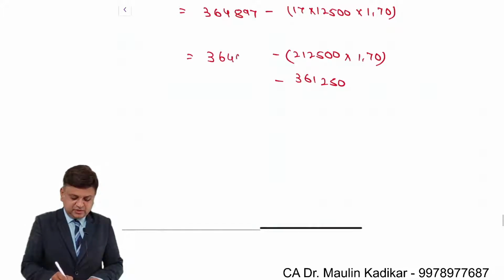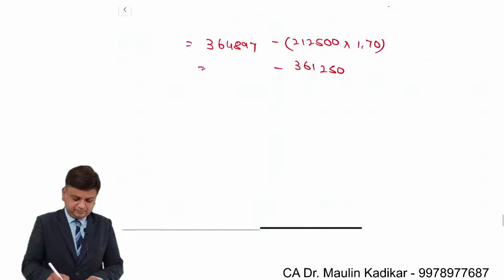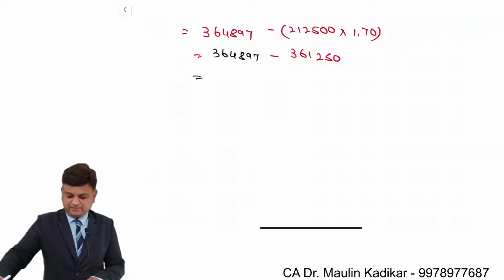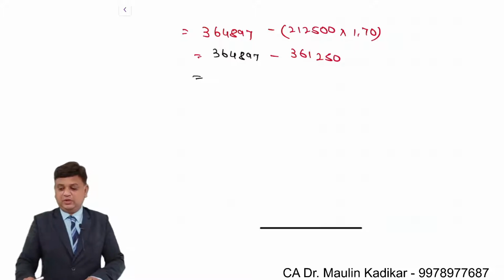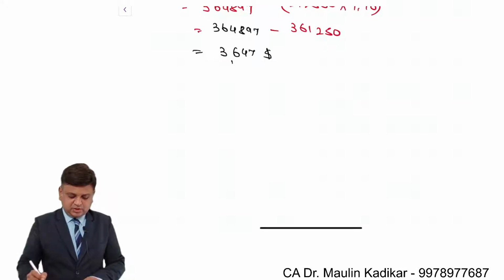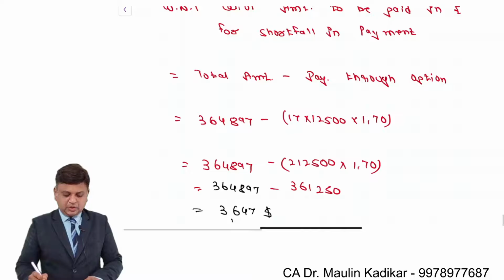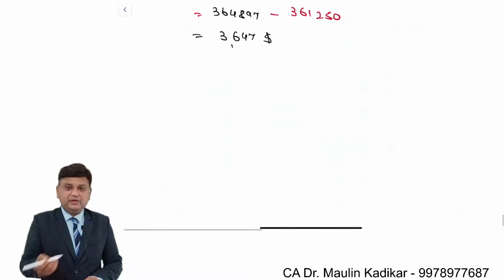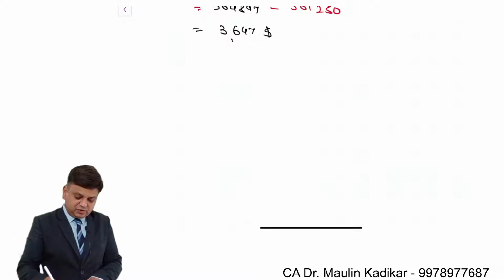So 364,897 minus 361,250, there is a shortfall in the payment of 3,647 US dollar. So this is the shortfall in the payment, and to cover up the shortfall, we will enter into the forward contract.